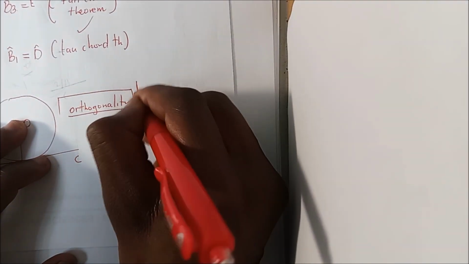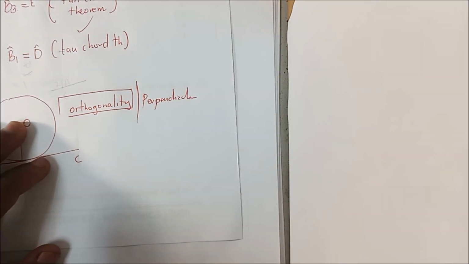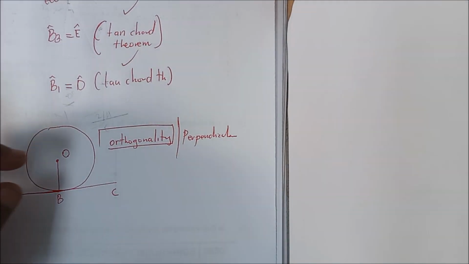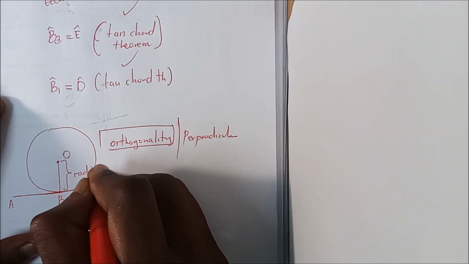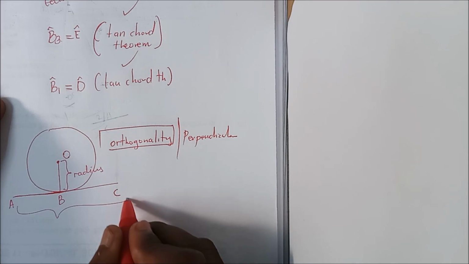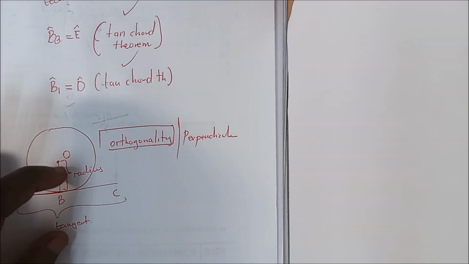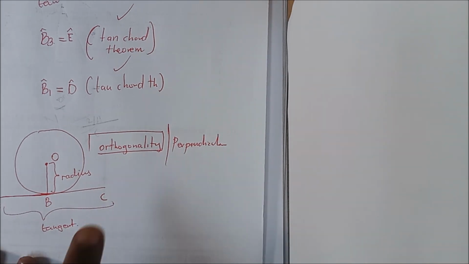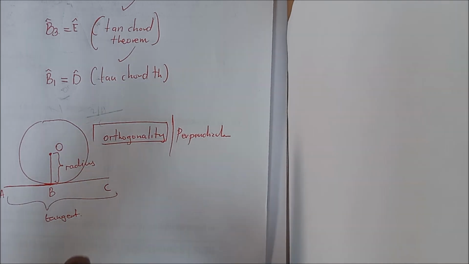I'm sorry for being abstract. Perpendicular. So whenever radius, what is this thing? That's our radius. And then what's that thing? That's our tangent. So whenever the two work together, they form orthogonality, or they form perpendicular.